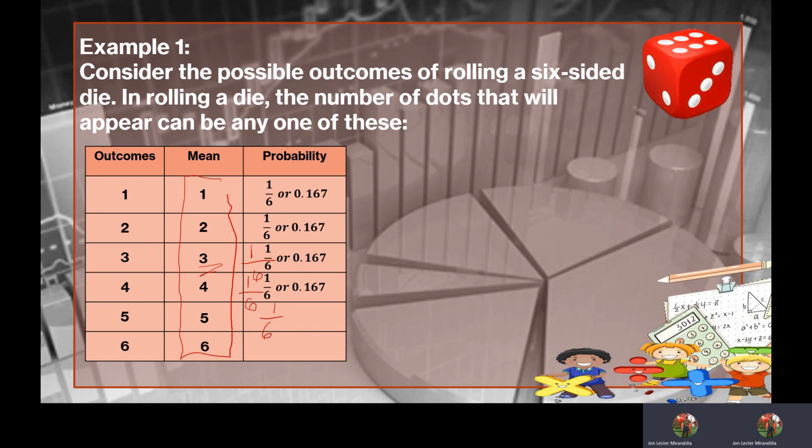The probability of getting a mean of 5 is 1 out of 6. Therefore, 0.167 din yung probability. Same with the probability of getting a mean of 6, isang beses lang din out of 6. Therefore, 0.167 in decimal form.